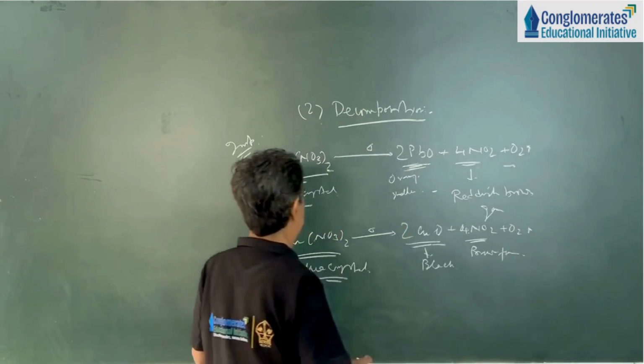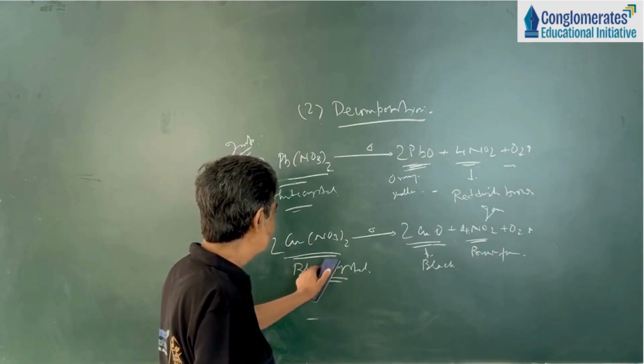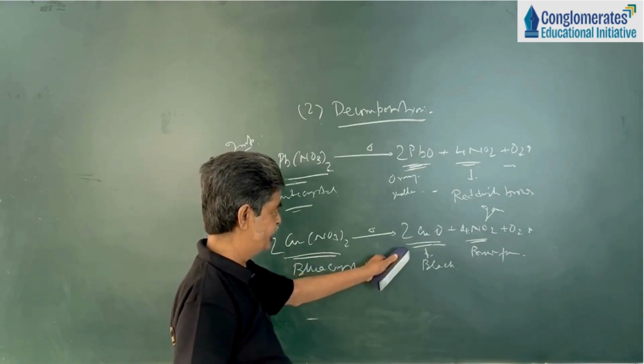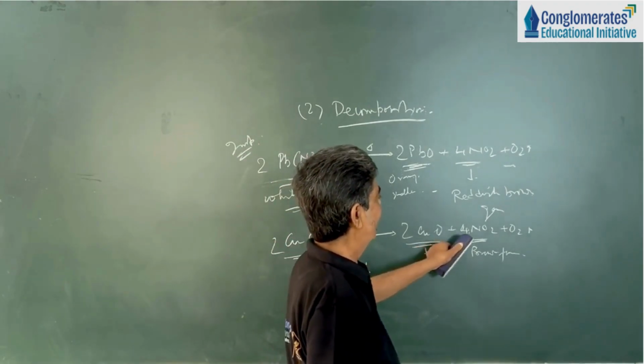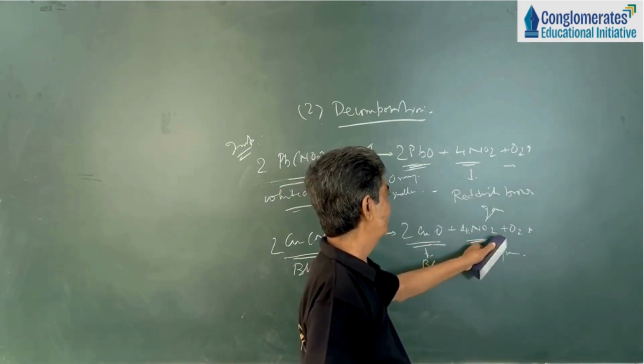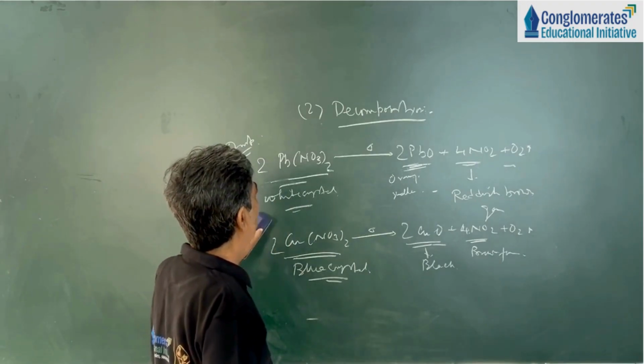So we can conclude that on heating copper nitrate, the blue crystal changes to a black residue with the evolution of reddish brown fumes of nitrogen dioxide, and another colorless gas, which is not observed during the experiment. So there are many such reactions.